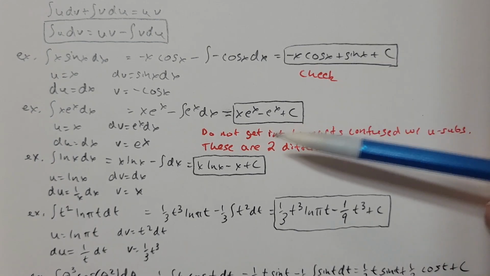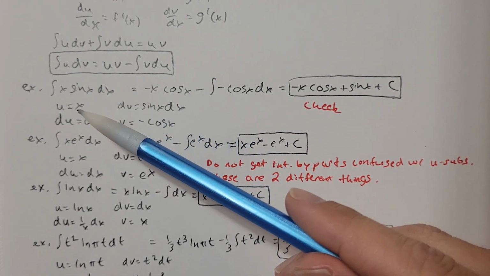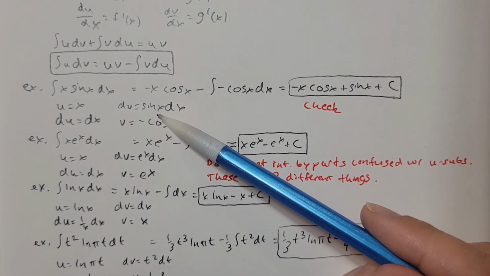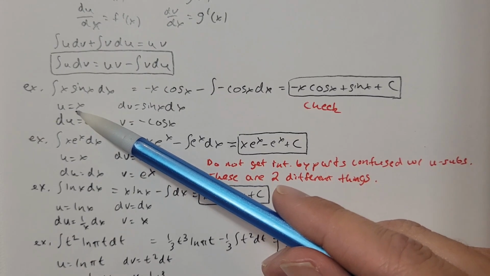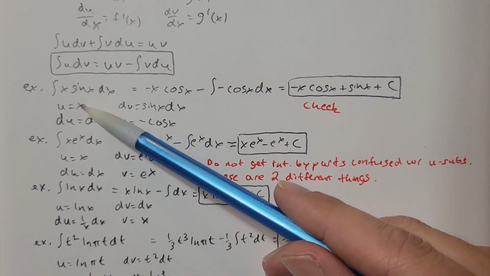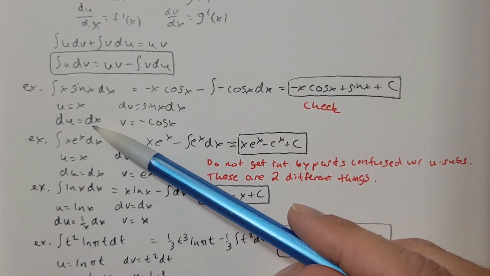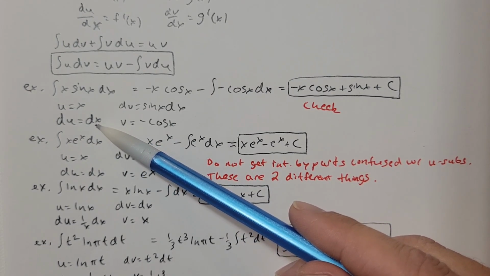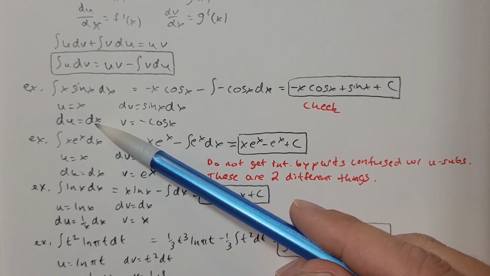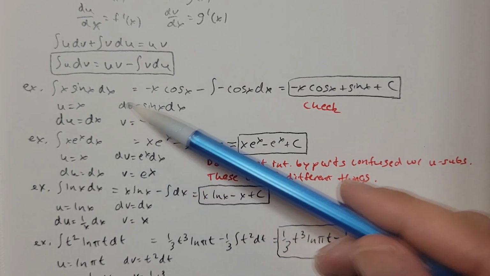And so I've got to come up with a u term and a dv term, okay? If I let u be x in this guy, the derivative is 1, and make sure I've got the notation good there. So du is dx.